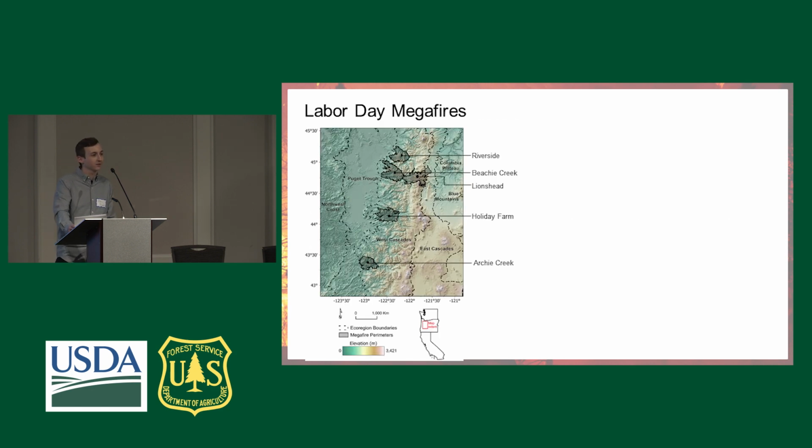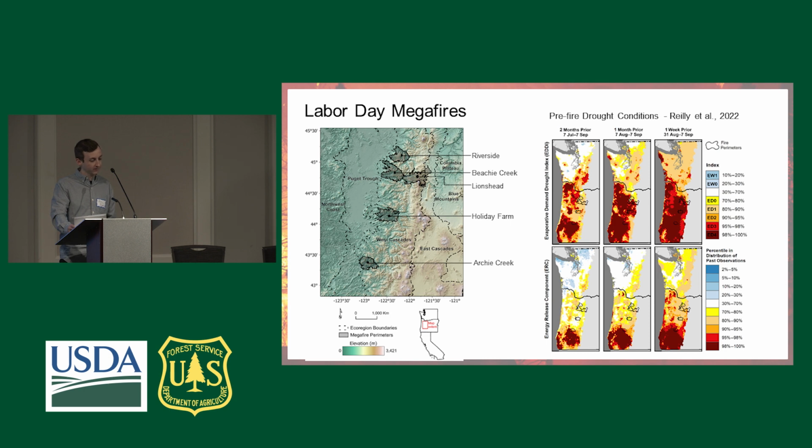So I wanted to set the scene a little bit, looking at the 5 megafires that happened during the Labor Day fires in the Western Cascades. If we want to look at the pre-fire drought before it happened, this is a plot by Riley et al. 2020. You can see that the top part of the graph is the EDDI, the Evaporative Demand Drought Index, that measures moisture at the atmospheric surface level.